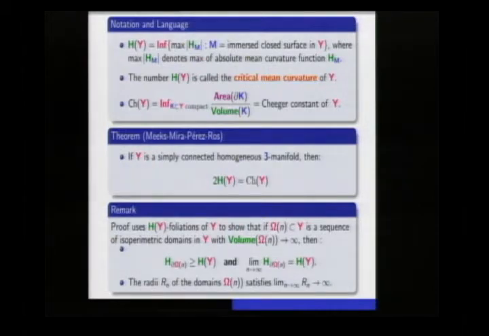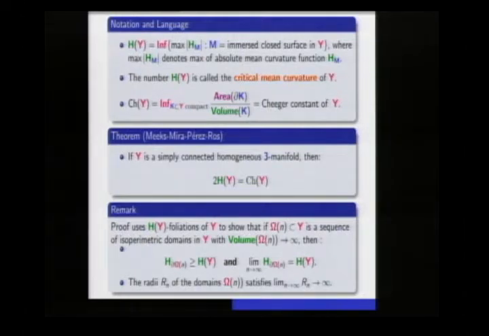Another interesting thing, which I find extremely useful, and probably useful for trying to prove that last conjecture, is that if you look at what's called the radius of one of these isoperimetric domains. So what's the radius of a manifold with boundary?